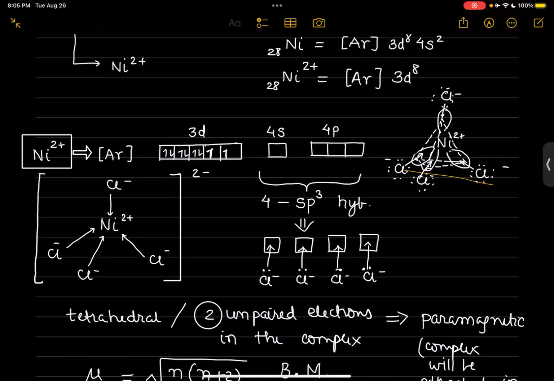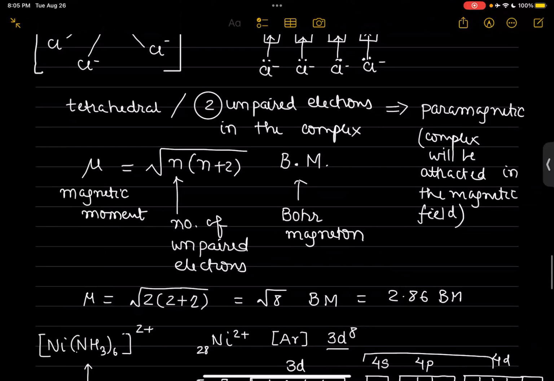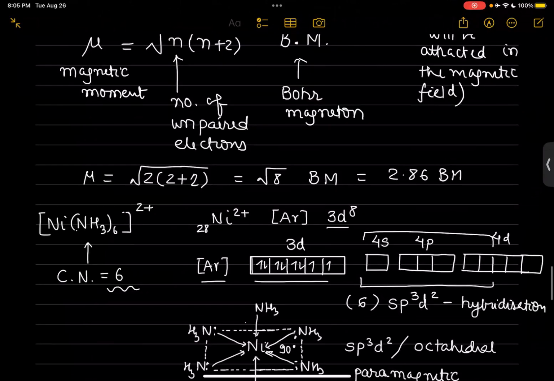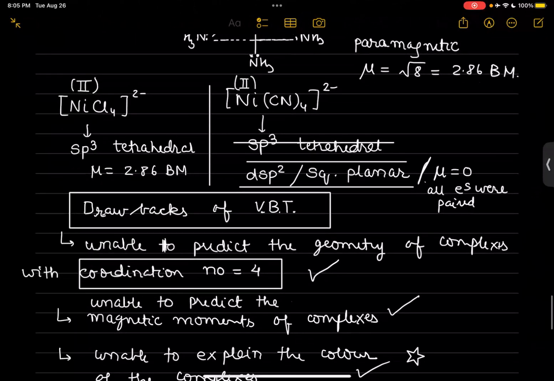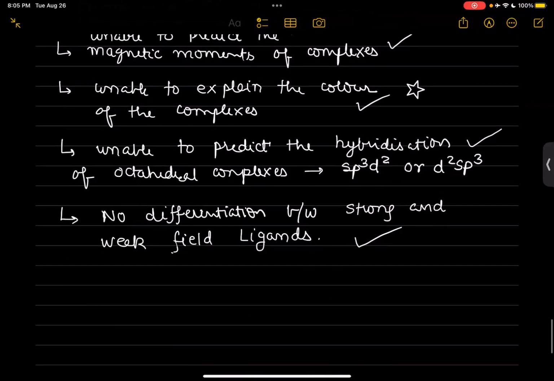We have also seen some examples. Let's try to figure out some more examples and the drawbacks and how to get rid of those drawbacks.